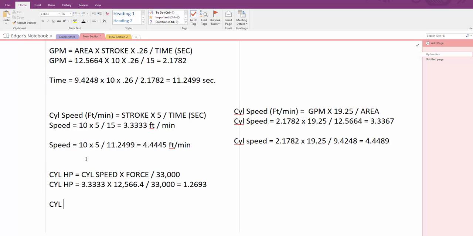And we say cylinder HP, horsepower, equals the cylinder speed on the retraction side of the cylinder. We did that earlier, and we came out with 4.4445.